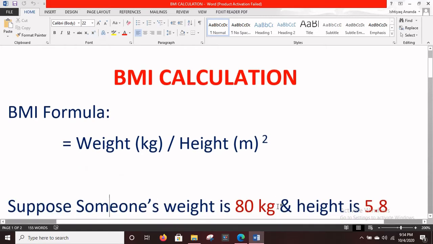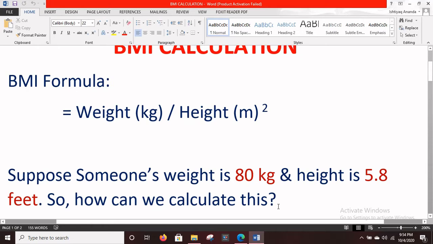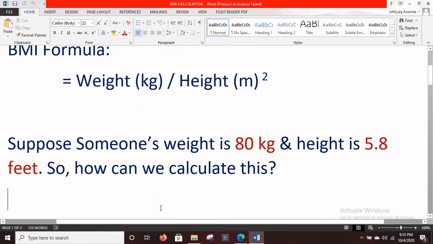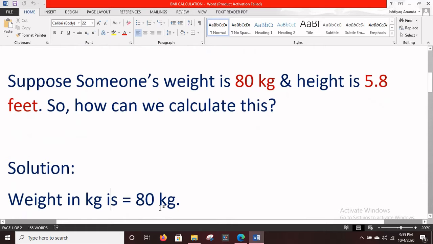So let's solve a math. Suppose someone's weight is 80 kg and height is 5 feet 8 inches. So how can we calculate this? According to the formula, we get the weight in kg, which is 80 kg.